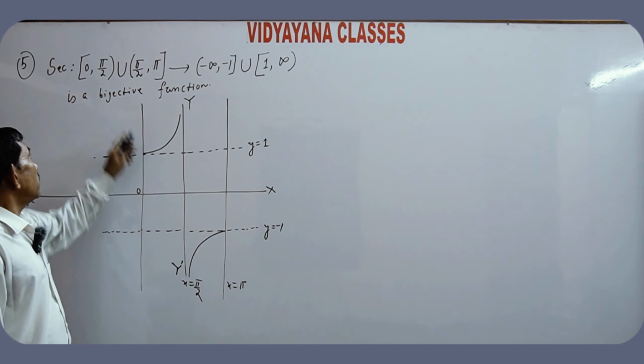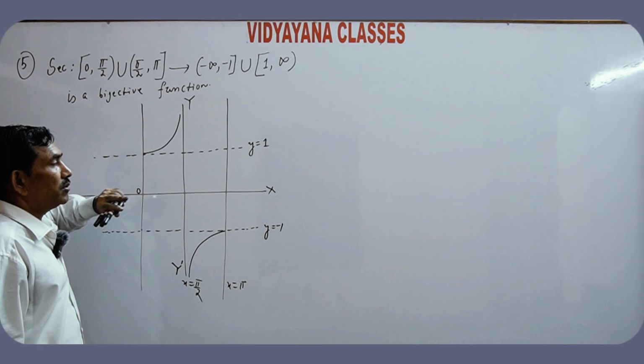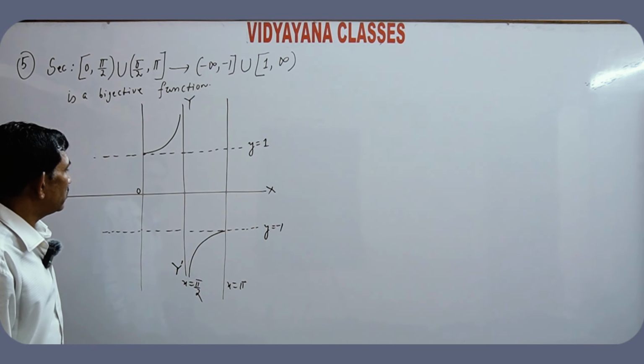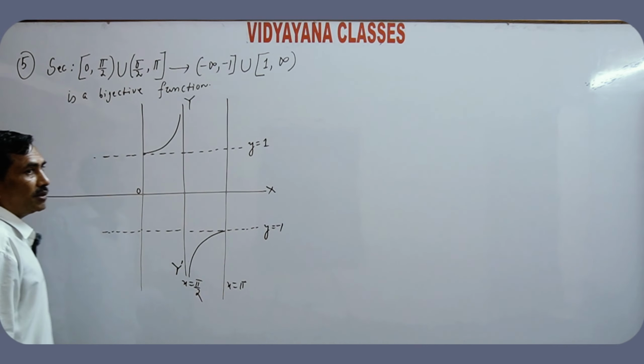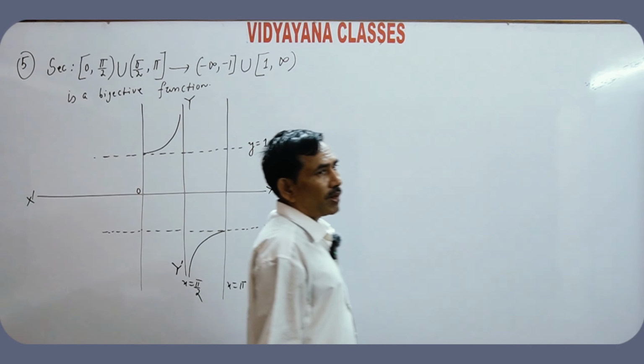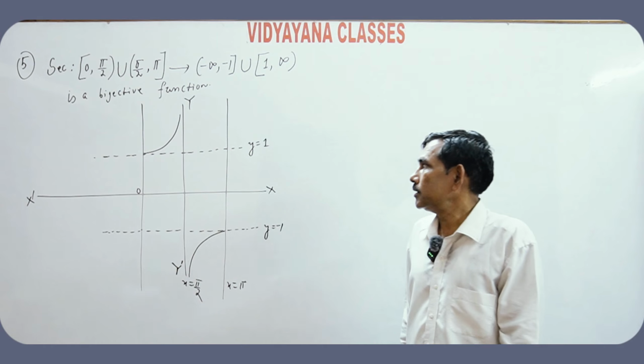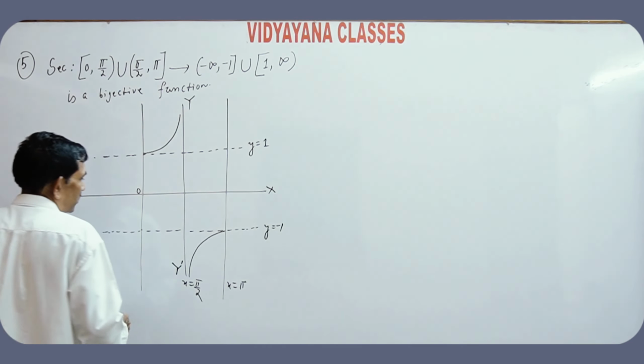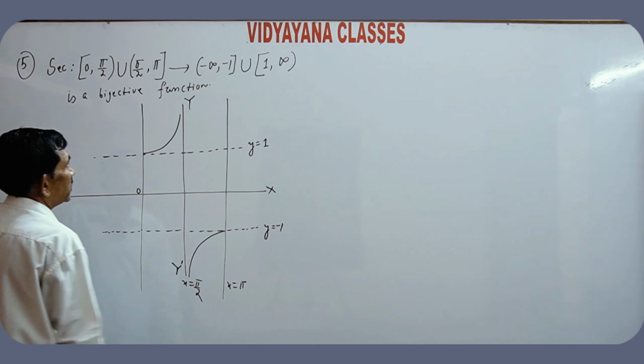In this interval, the function is increasing, so it is 1-1. In this interval, the function is also increasing. Increasing function means y increases as x increases. When x increases, y also increases, in both cases.